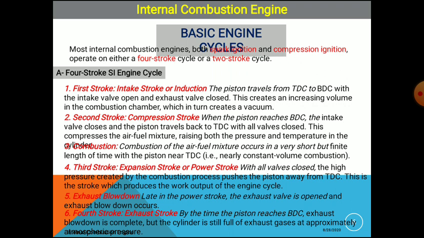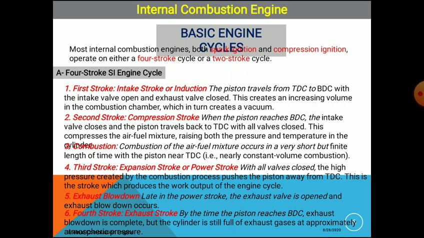This compresses the air-fuel mixture, raising both the pressure and temperature in the cylinder. Combustion of the air-fuel mixture occurs in a very short but finite length of time with the piston near top dead center. That is nearly constant volume combustion.